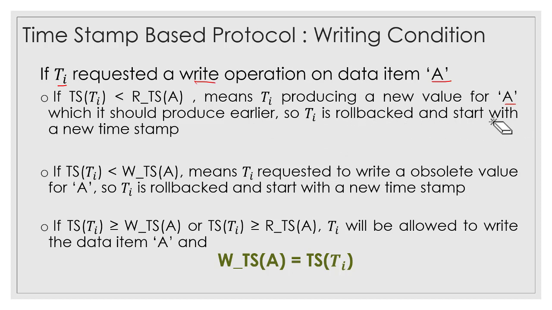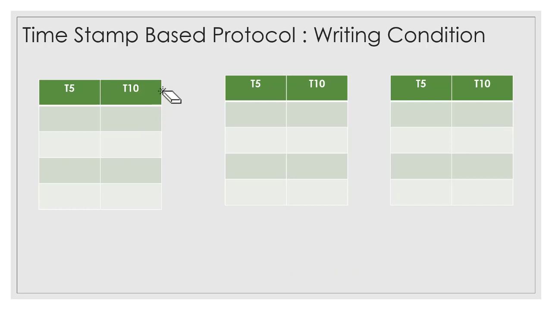So what is it saying? It is saying that if TS(Ti) is less than this, then we are not going to allow Ti to perform the write operation. We are going to roll back. So what does this mean?